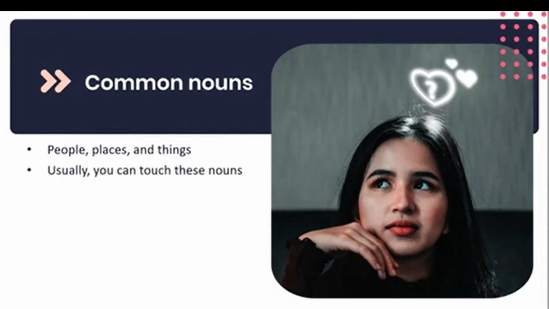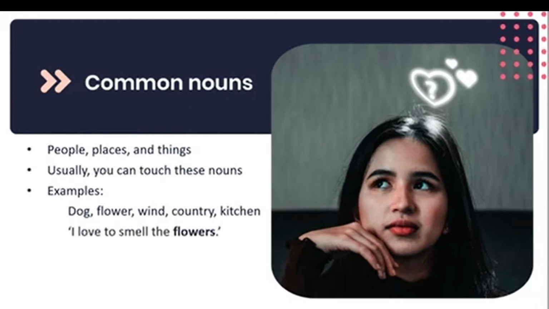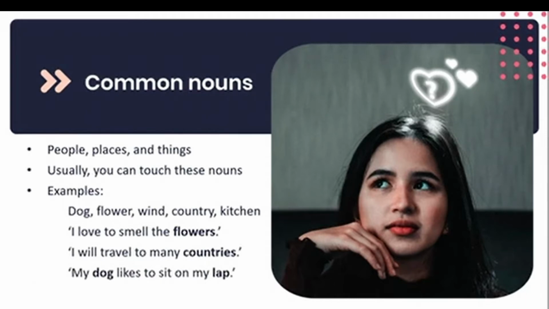Some examples are dog, flower, wind, country, and kitchen. Let's use some of these in a sentence. I love to smell the flowers. I will travel to many countries. My dog likes to sit on my lap.